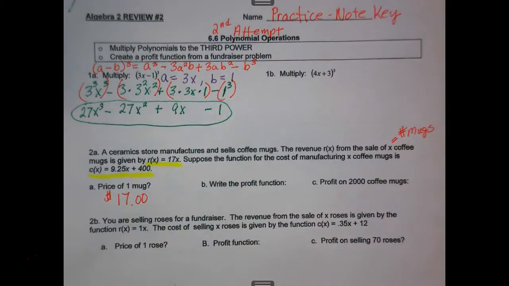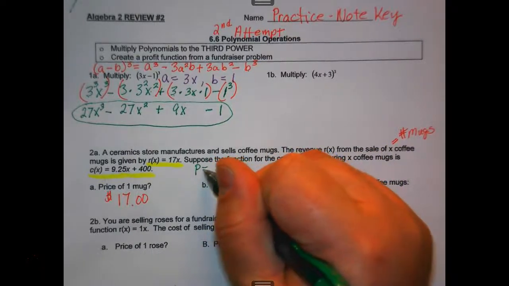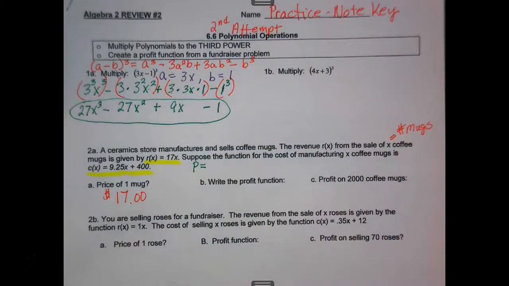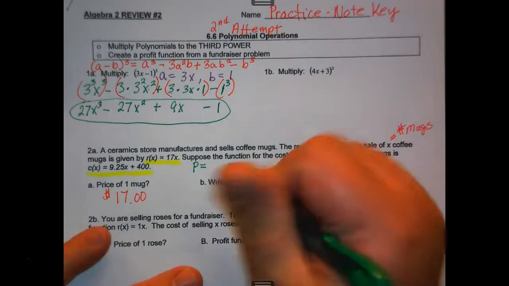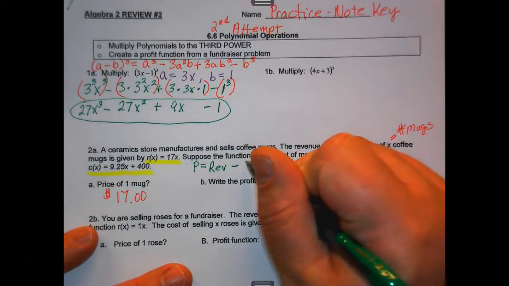Okay, our profit function. What does profit equal? Profit is your net pay, the stuff that you have to spend to make it. You get your revenue, or your gross pay, and you subtract your total cost.